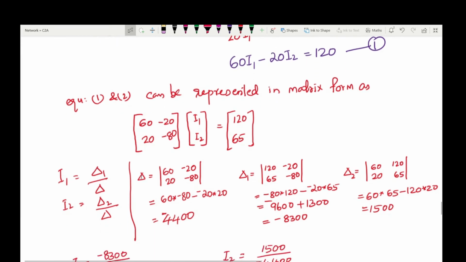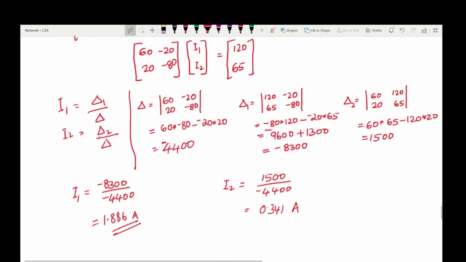So this is delta. Delta is obtained as minus 4400. Delta 1 is obtained as 8300, and delta 2 is obtained as 1500. So when we use this for finding I1, I1 is obtained as 1.886, and I2 is obtained as minus 0.341 ampere.